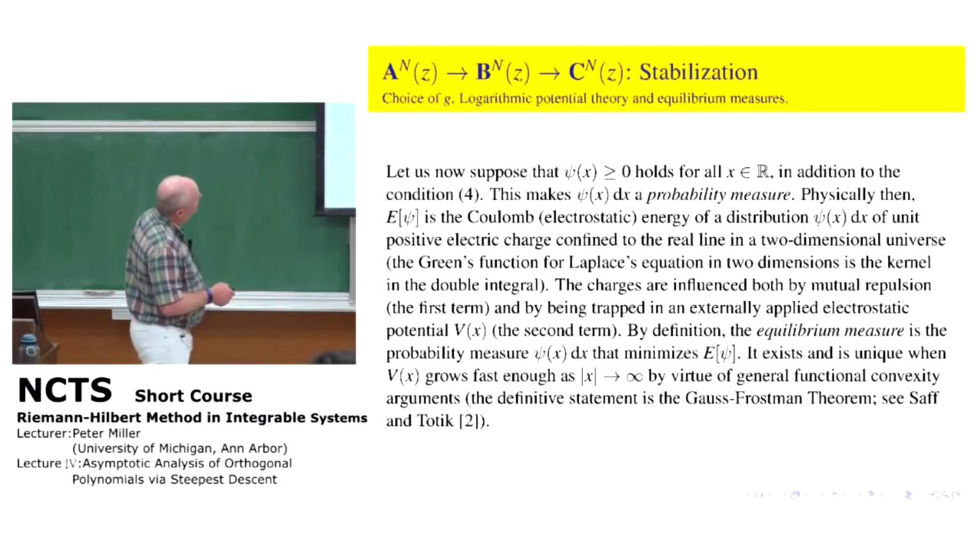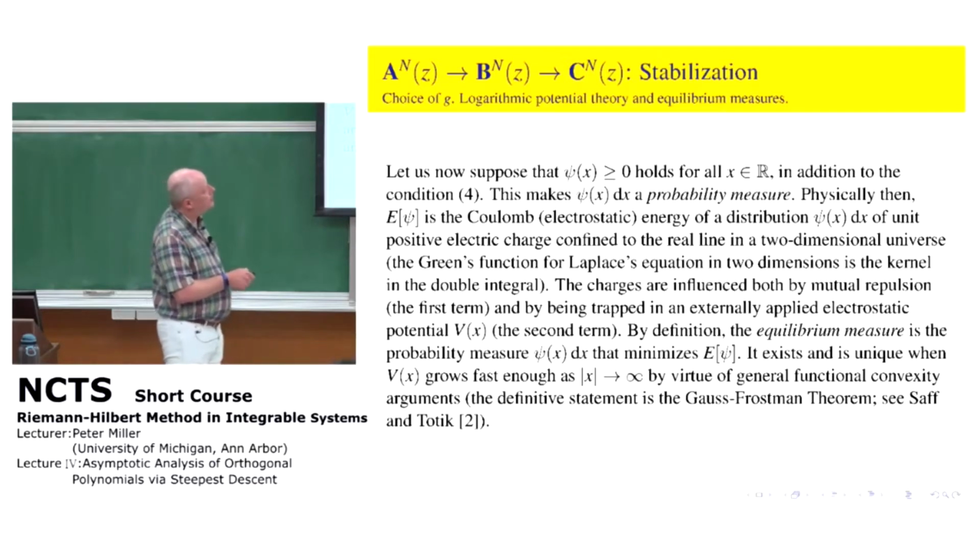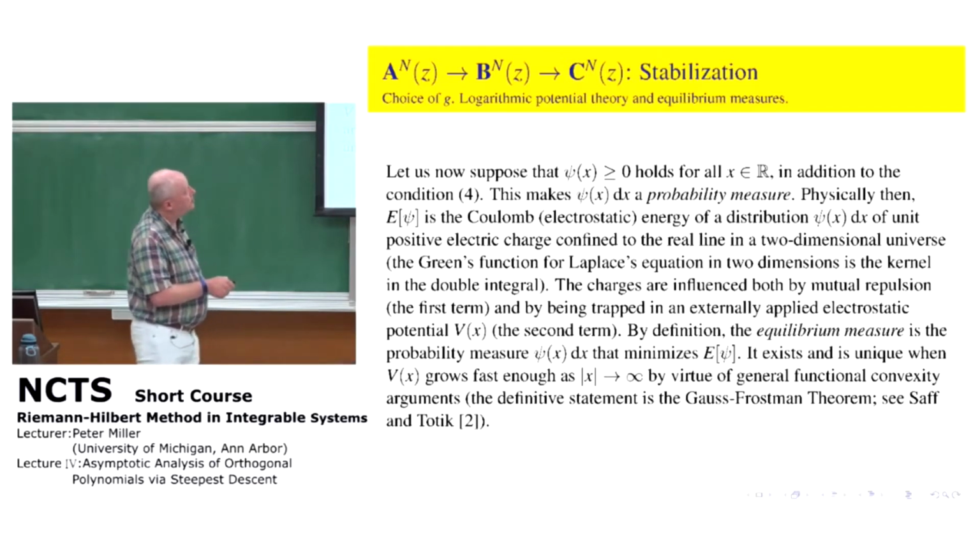So let us now suppose that this function psi is non-negative in addition to being normalized to have unit mass. That makes this psi into a probability measure, if we multiply by the differential dx.